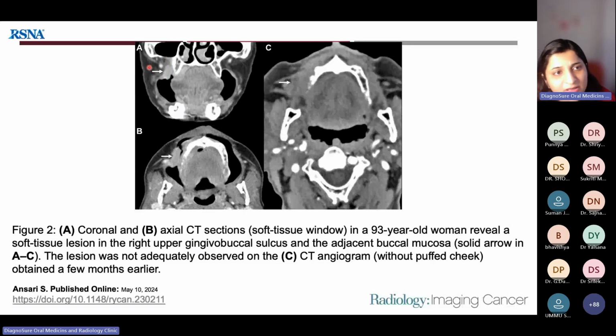It seems to be in the upper vestibule here, and here also we can see it. We can see it in the puff cheek view, and then they have given another image where the puff cheek view was not used, and it is very difficult to differentiate this mass from the maxilla in this case. So if we are advising CT for lesions in the vestibule, make a note that you advise it with puff cheek view.